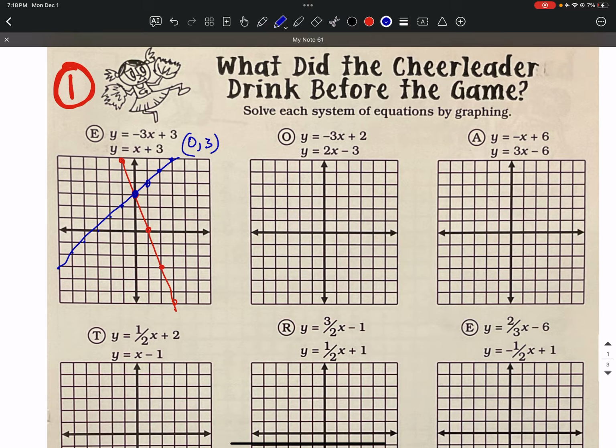This one, plus 2, starts off at 2 and goes down 3 every time, okay? Like that. This guy starts off at negative 3 right there and goes up 2, so they hit right there at 1, negative 1.